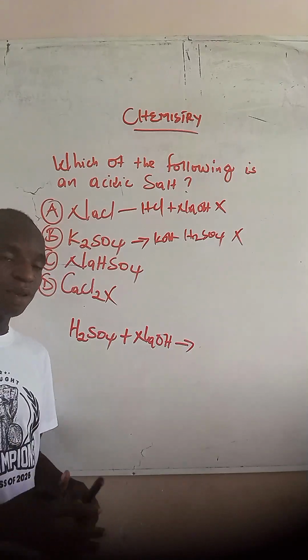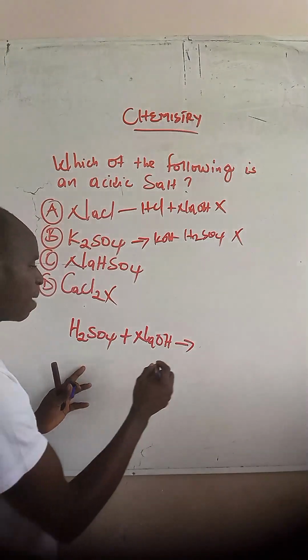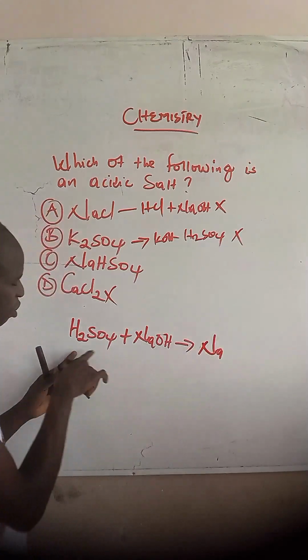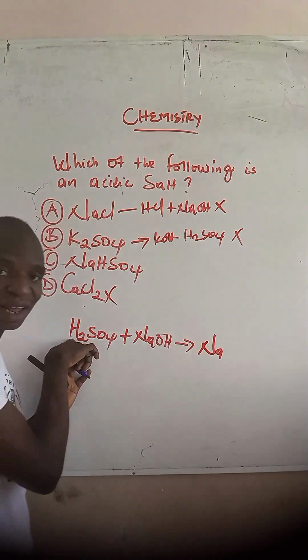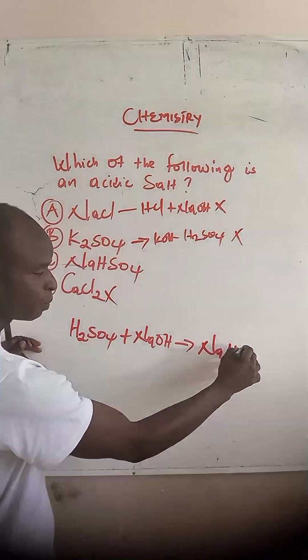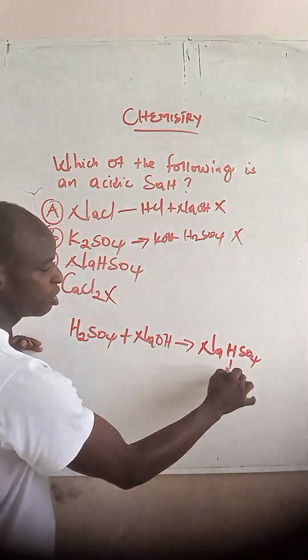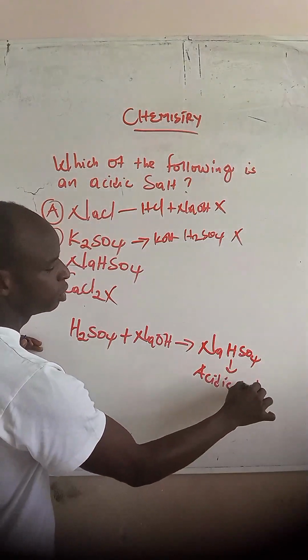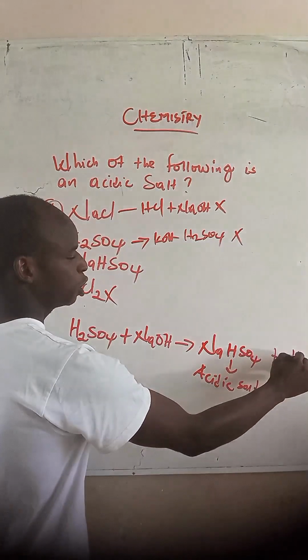Completely or partially replaced, okay? So in this very case, what happens is we're going to have Na. So sodium is only replacing one of those very hydrogens. Are you with me? In this case, we have NaHSO4. All right. So this is an acidic salt. Plus H2O.